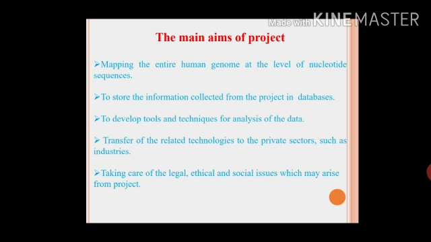Then, to store the information collected from the project in databases. Then, to develop tools and techniques for analysis of the data. Then, to transfer the related technologies to the private sectors such as industries, and taking care of the legal, ethical, and social issues which may arise from the project.